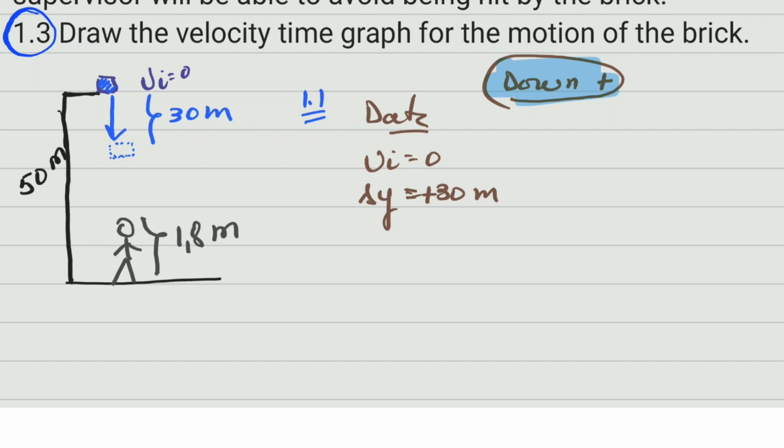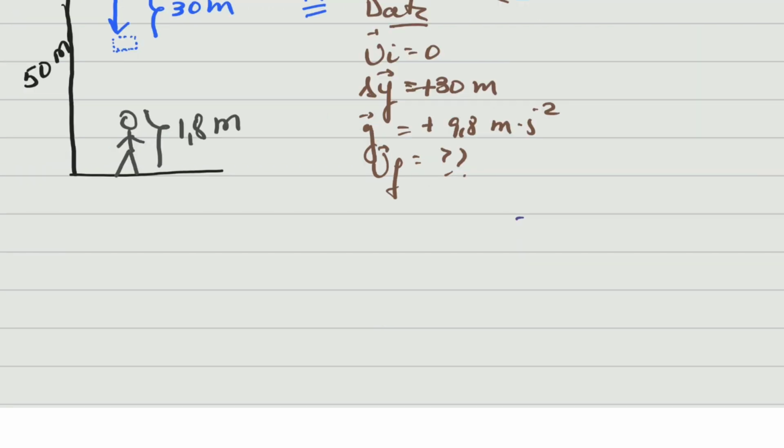What other data do you have? The acceleration due to gravity is equal to positive 9.8 meters per second square, and then this is all you have. You are looking for the final velocity of the brick when it has fallen that distance. So from this data, which one is the best formula we can use?